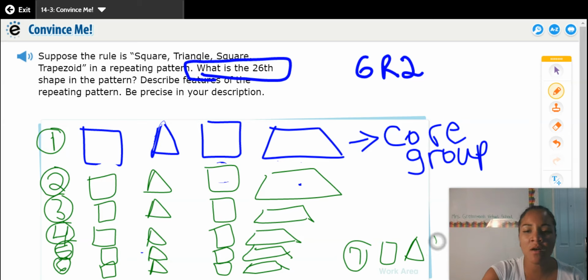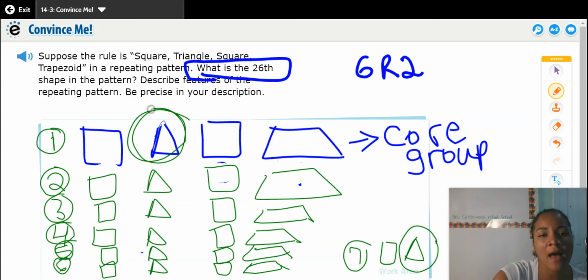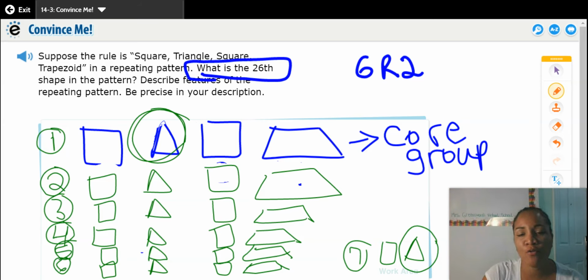I would only have enough to put a square and a triangle because my 26th shape is where they're asking us to stop. And so if we divide, we're only able to complete it 6 even times, and then the second shape is where we would stop. So here you go. We still have that our triangle is the 26th shape. Thank you guys for watching.